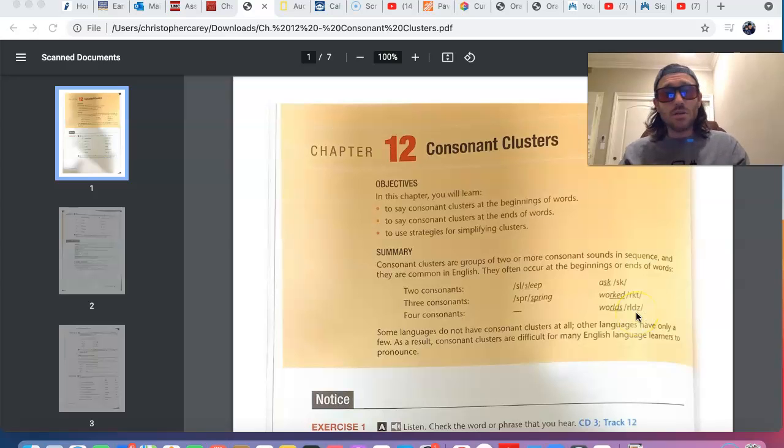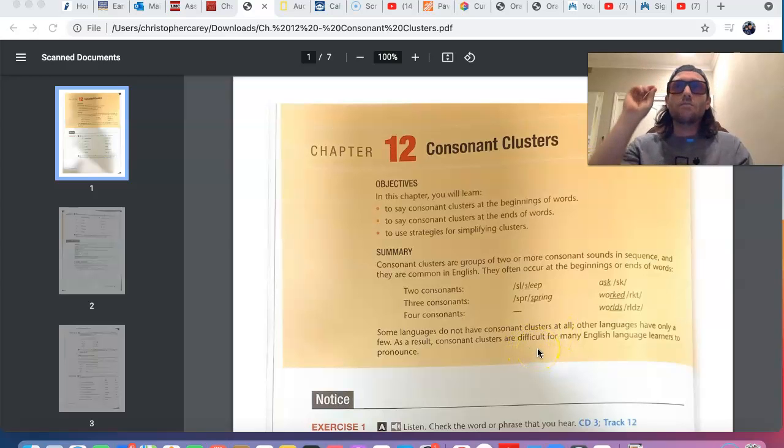So those are consonant clusters, everybody, and some languages do not have consonant clusters at all. Other languages only have a few, maybe only in the beginning or only at the end. Because consonant clusters are not as predominant in other languages, these can be challenging for many English learners.